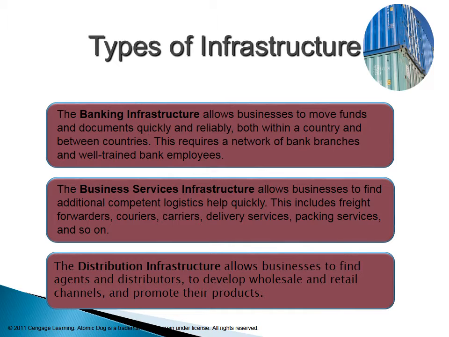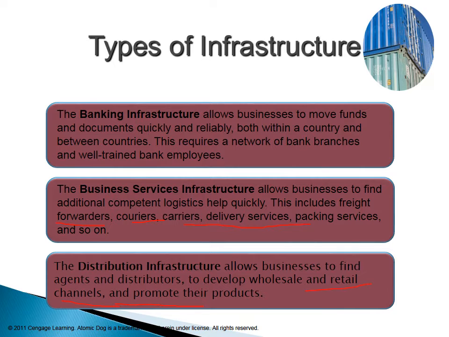Business service infrastructure includes freight forwarders, couriers, the carriers, delivery service providers, and so on. Distribution system includes the existing market channel or marketing channel, the promotion of products, what is available.